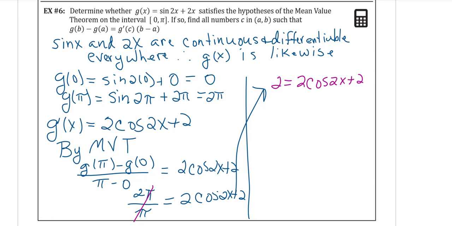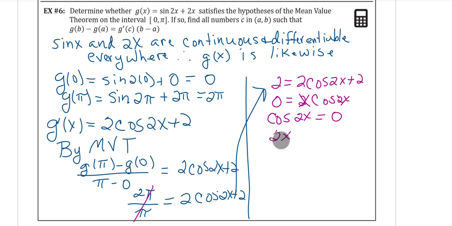Subtract the 2. I get 0 equals 2 cosine 2x. I can just get rid of that 2. So I am looking where cosine 2x equals 0. Okay, so what angles in 0 to pi would help me out with this?